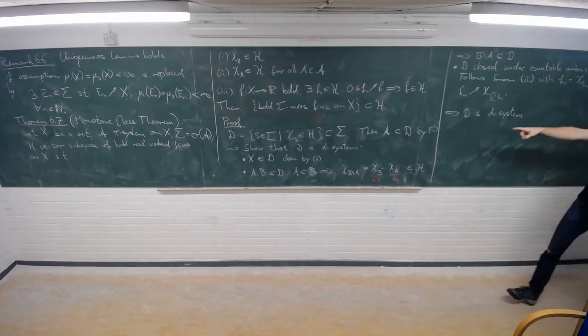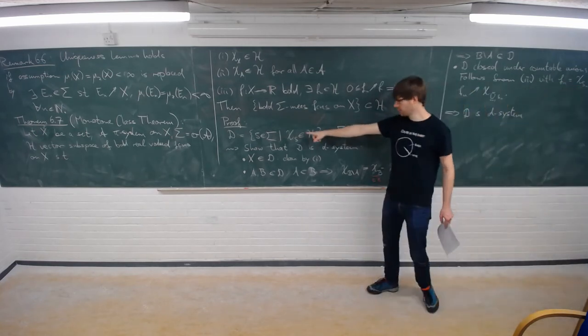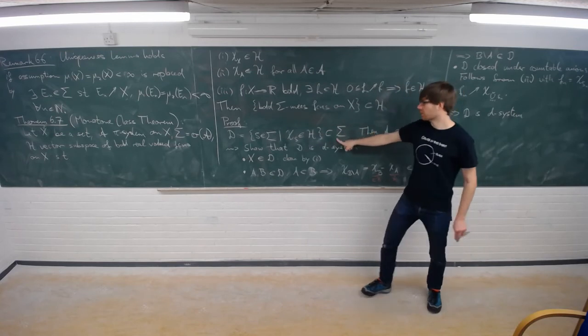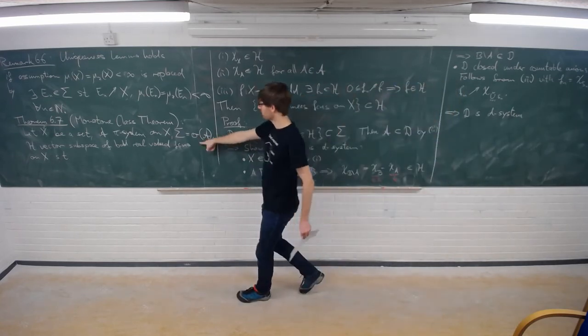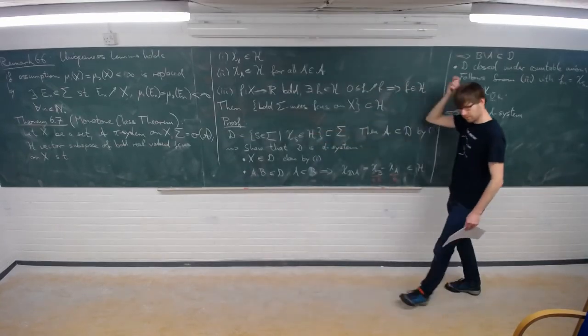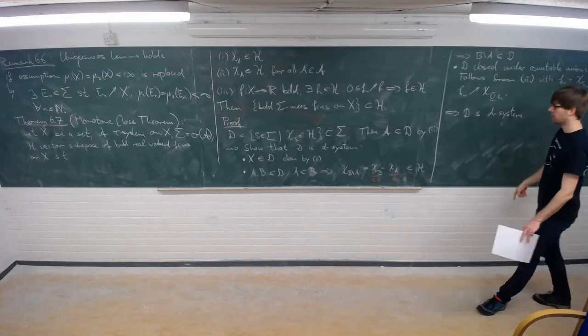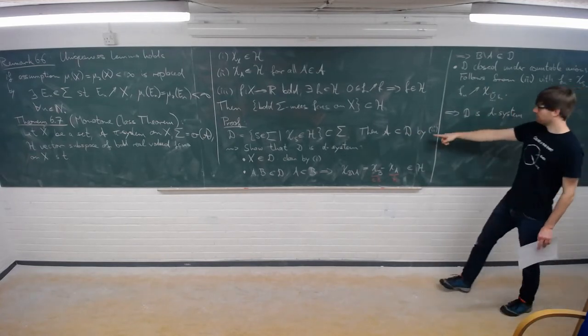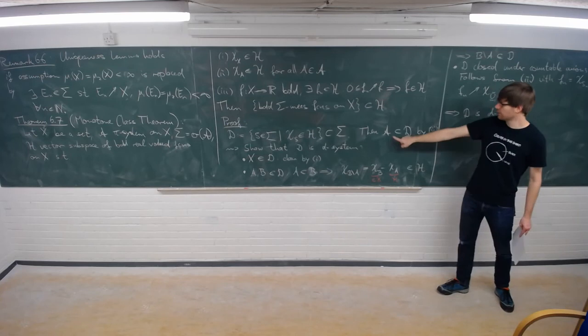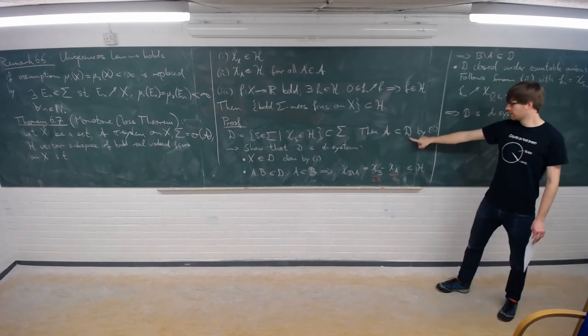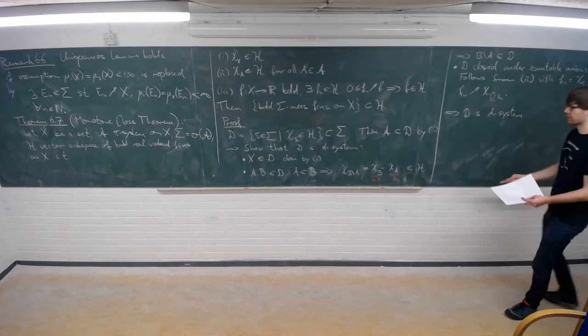And now let's go back to what we had. So we knew that D was a subset of the sigma algebra generated by A, by definition. And we know that A is a subset of D. So because D is a D system that contains A, D also contains the D system generated by A, right?